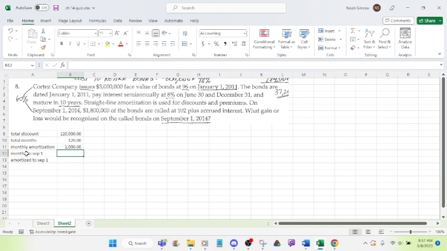So it's 12 times 3 plus 8. So 44 months of amortization. So it's going to be this times this, and that's the total amortized.